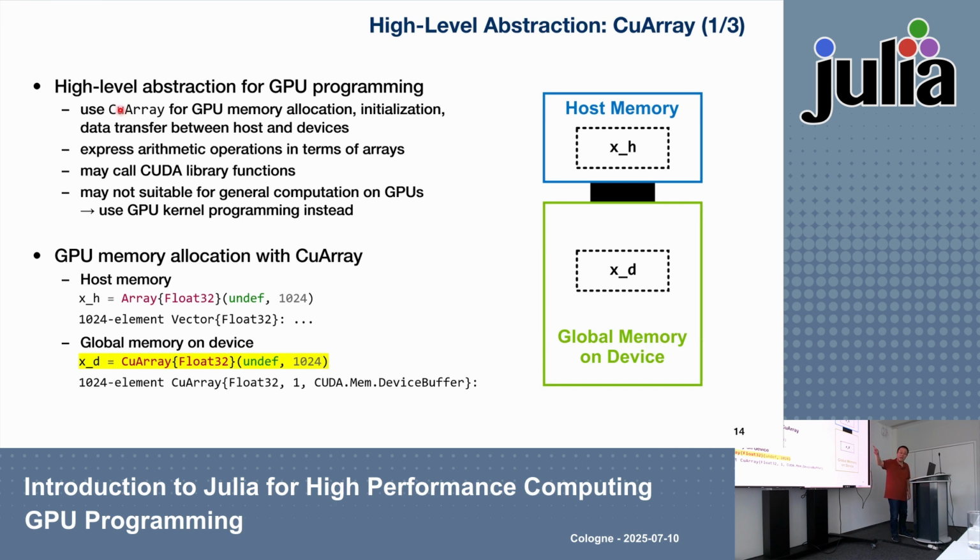One is C, one is U, and then you are done. And then for the computation, you need to express your calculation in terms of array computation, right? Like an array plus another array or whatever, this is why it is named CuArray.